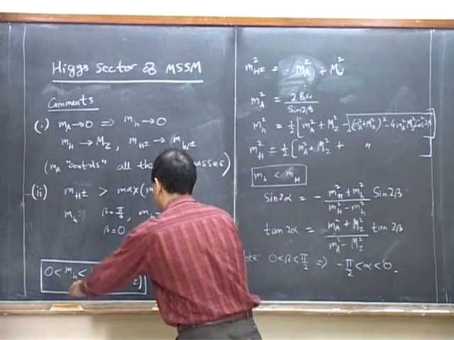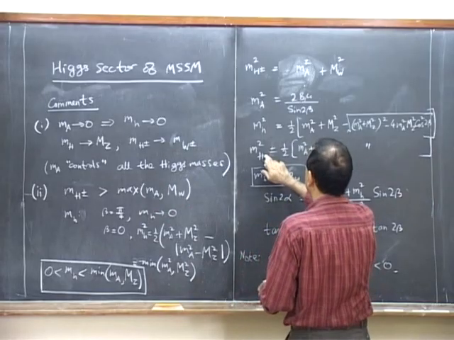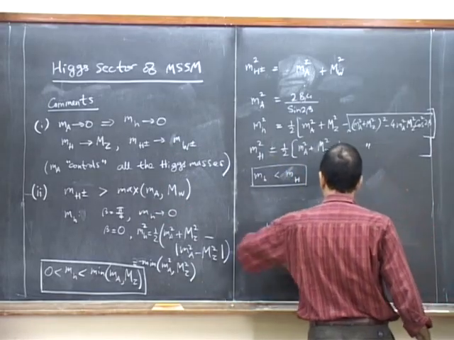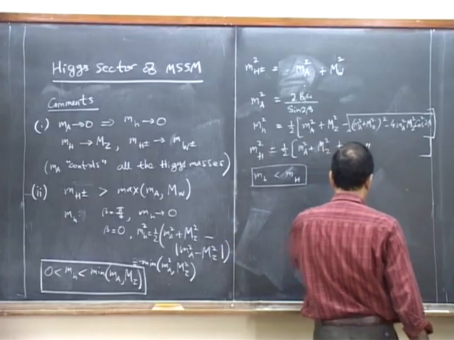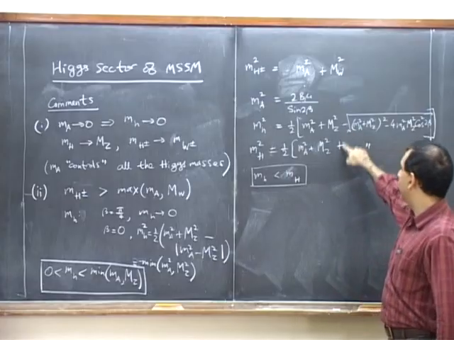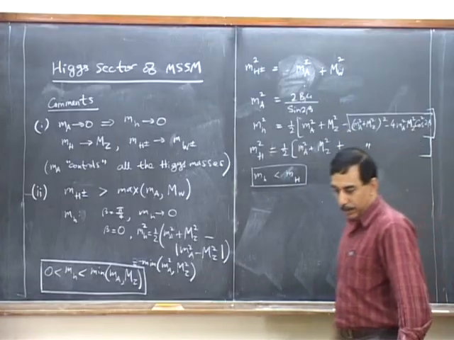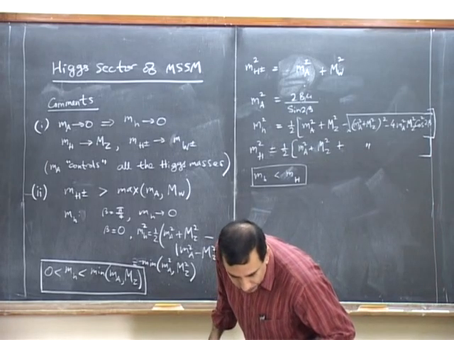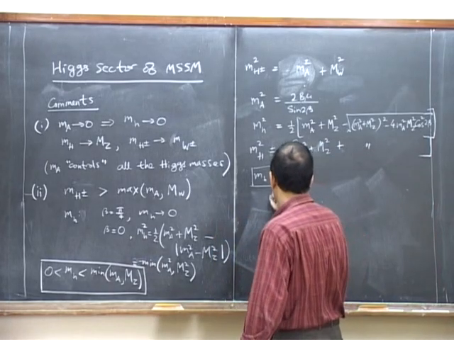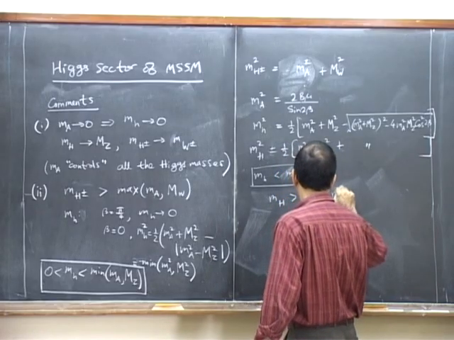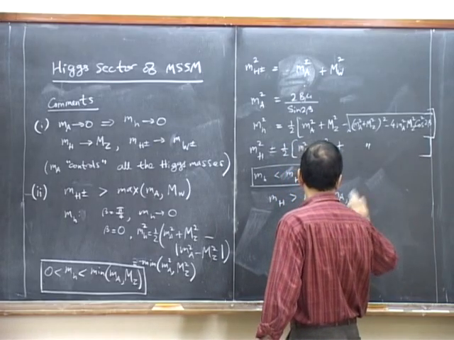For the other Higgs, capital H, we can likewise find some bound, but it's again a lower bound, because you see that this one is the same as this with a different sign chosen over here, so it's likely that we'll get a lower bound. In fact, what you get is that MH is greater than max of MA and MZ.